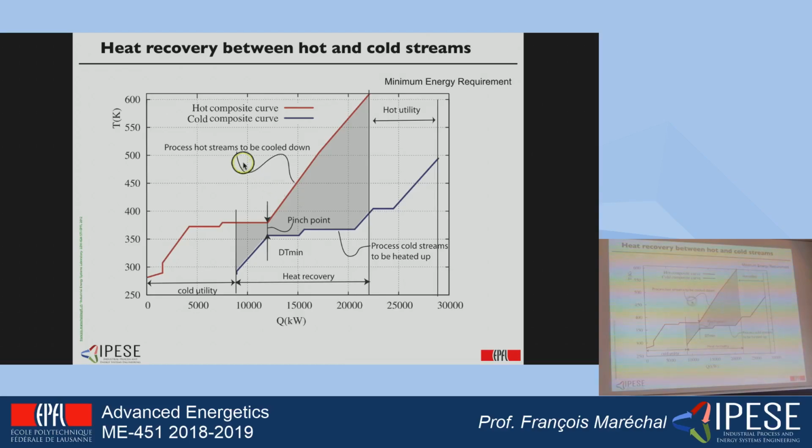For doing this, we have seen that there was a method to calculate the integral of the heat that is available in all the streams that need to be cooled down, and there is another integral that is giving us the amount of heat to be supplied. By deciding the value of the delta T minimum for the whole system, we were able to identify the maximum heat recovery, and by balance, identify how much heat needs to be supplied from an external source and how much heat will be released from the process to the environment or to the refrigeration below.